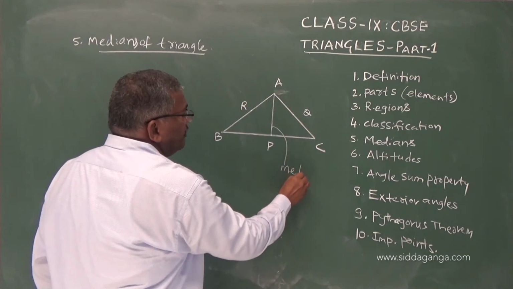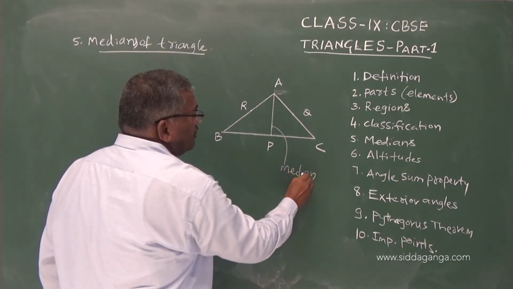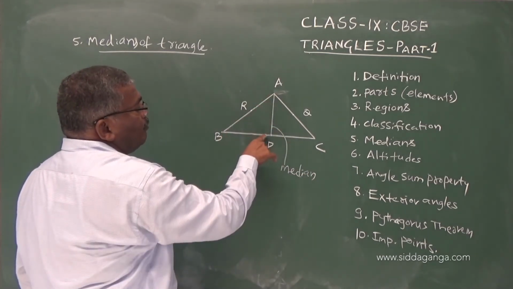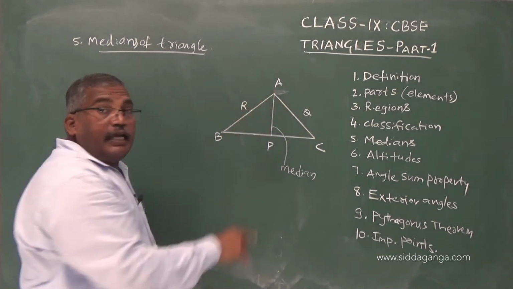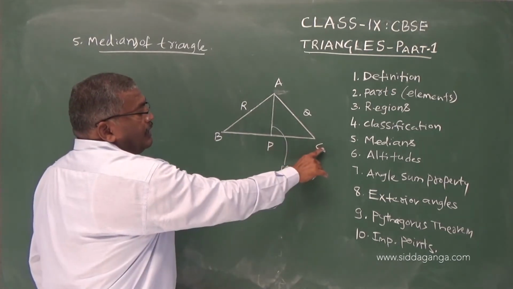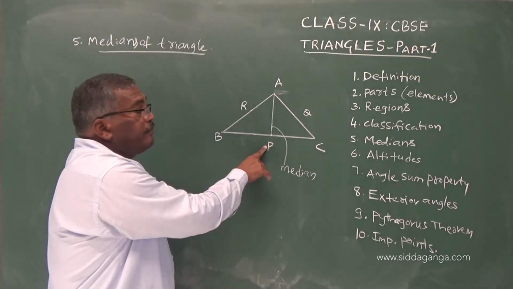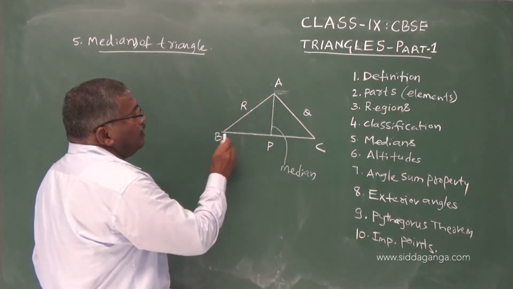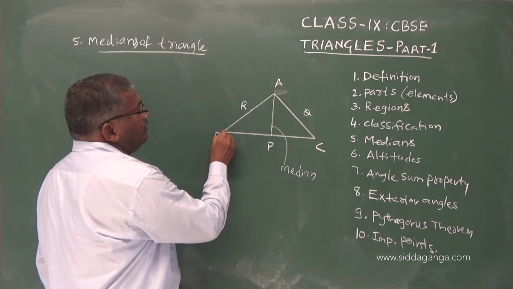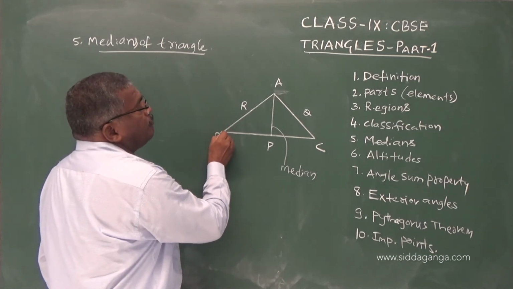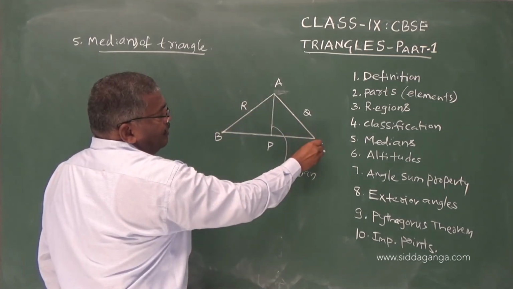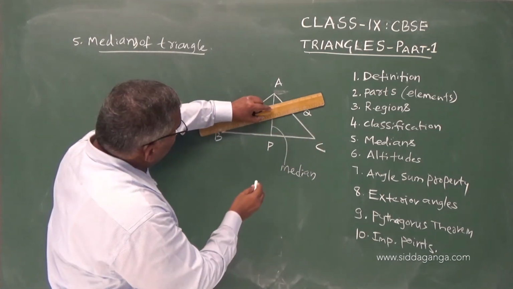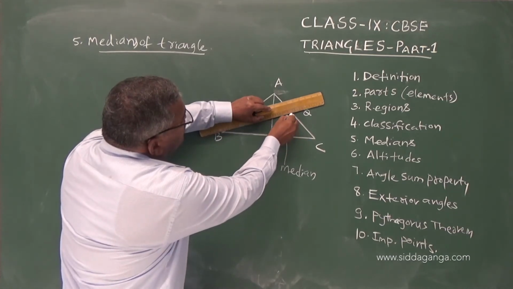So, median. There are three vertices. For every vertex there is an opposite side. For vertex A, the opposite side is BC, its midpoint is P. So, AP is a median. Now, for vertex B, the opposite side is AC and the midpoint is Q. If I join BQ, this is another median.